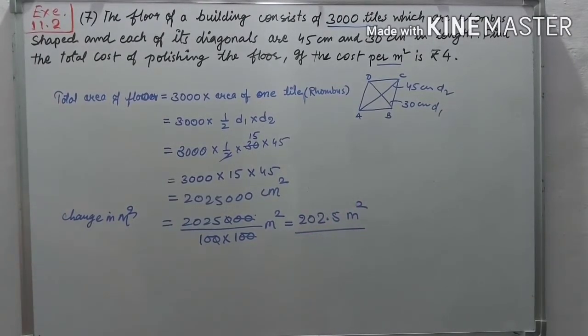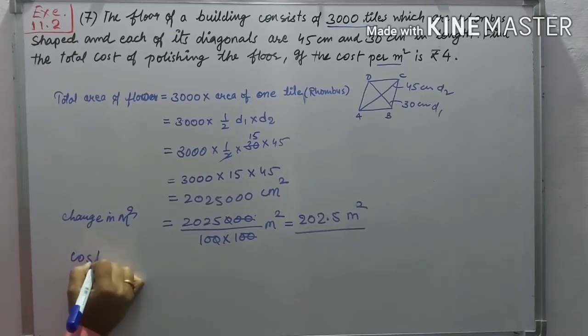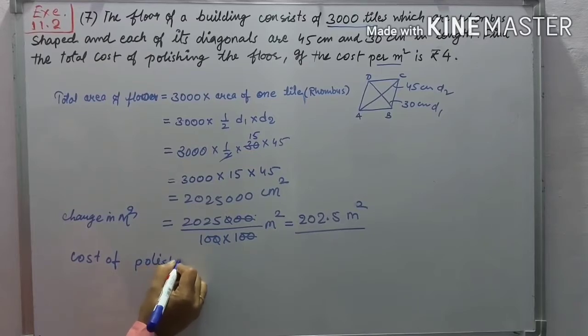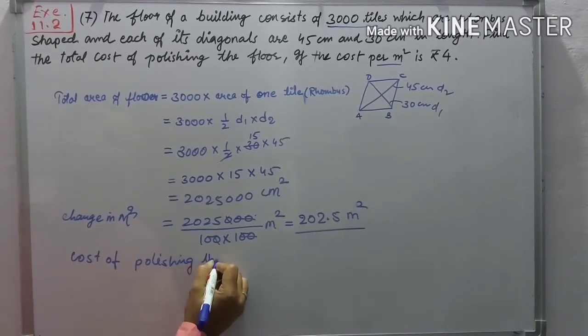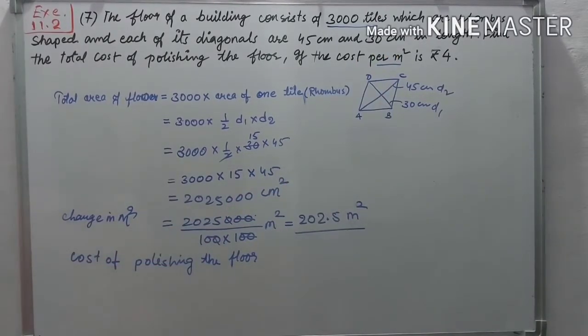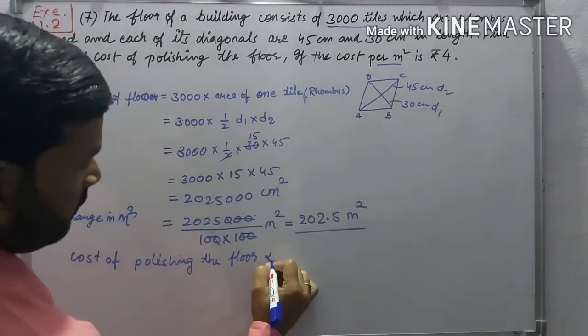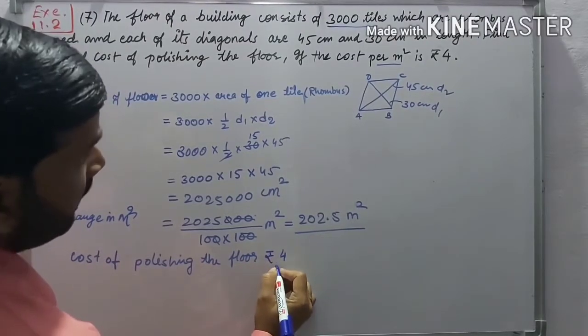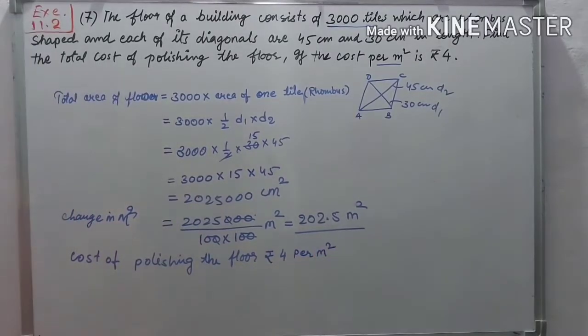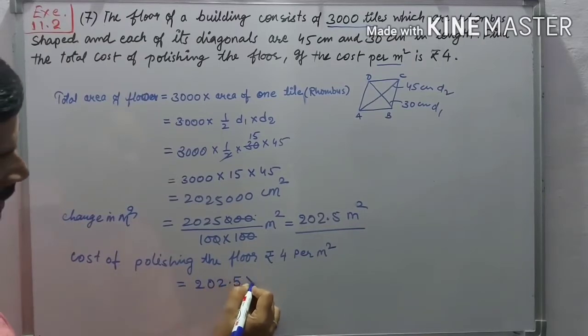Next is the cost of polishing. The cost of polishing the floor is given as 4 rupees per meter square. The total cost is 202.5 into 4.